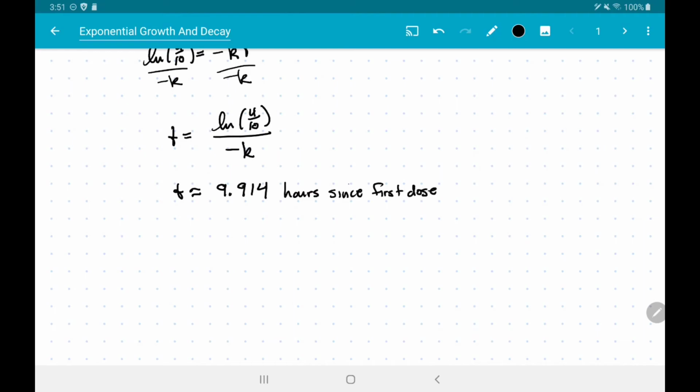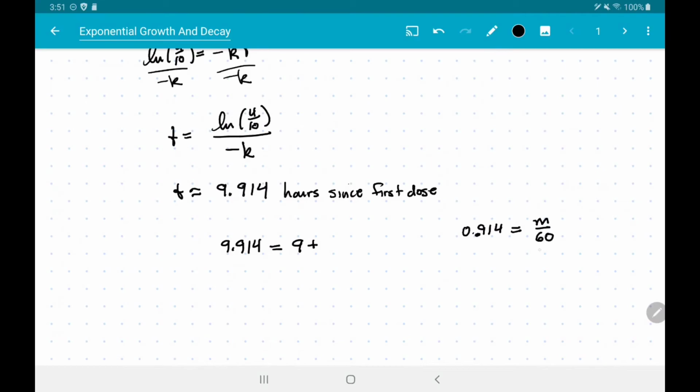If we really wanted to give this as a specific clock time, well, all right, 9.914 is 9 plus, and we need to represent 0.914, the fractional part of the hour, as some number of minutes over 60.